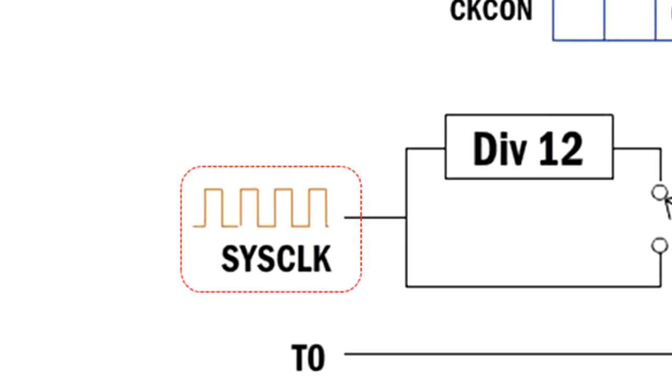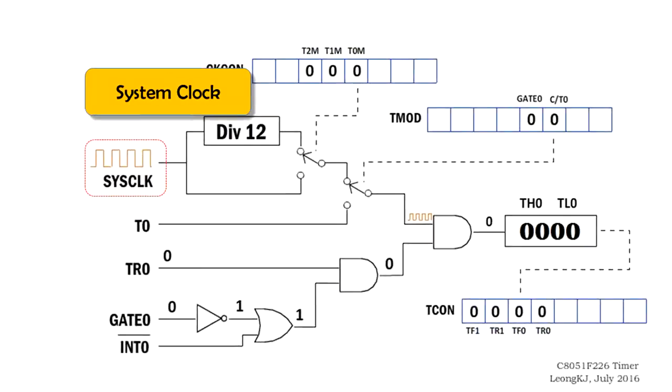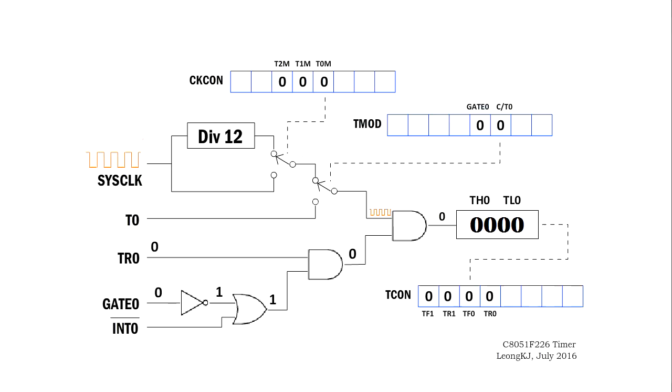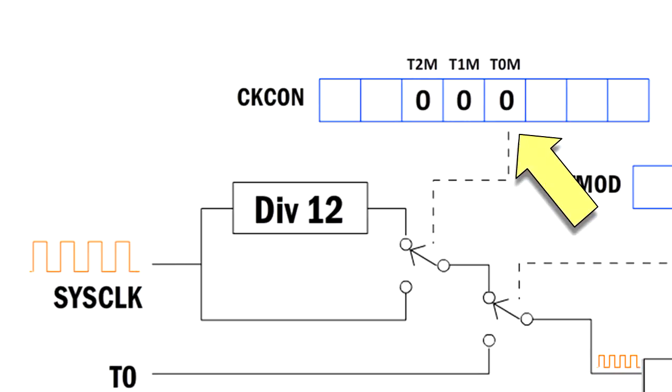The system clock provides the timing for the circuit. Changing the gate 0 bit will change the gate 0 signal and in turn affect the operation of the circuit. The timer 0 clock select bit selects the clock that feeds the timer.